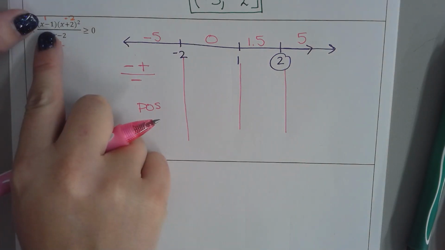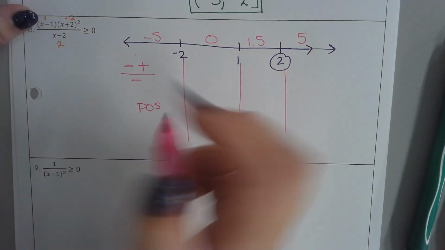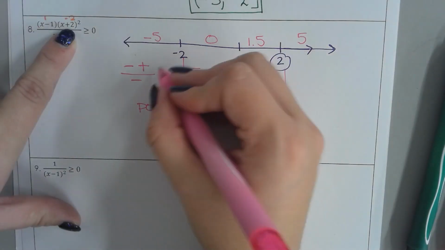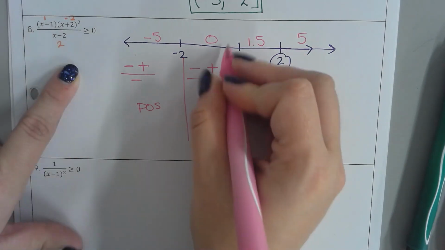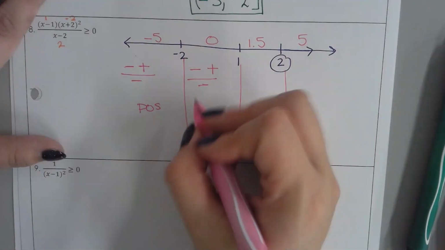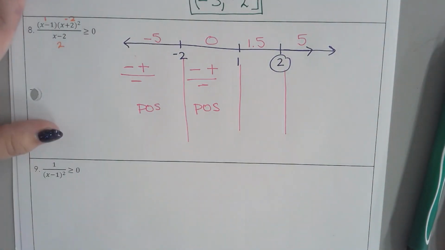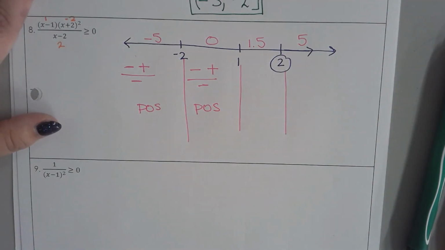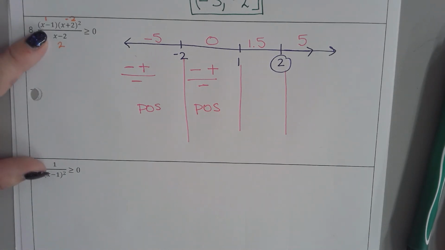0 minus 1. Positive squared is still a positive over a negative. That would be positive. 1.5 minus 1 is a positive.